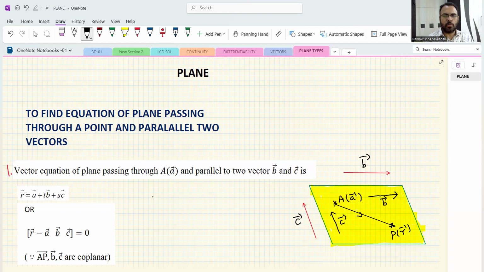So as they are coplanar vectors, we write that AP bar is equal to T into B bar vector plus S into C bar vector. Well, here AP bar is nothing but R bar minus A bar, equal to T B bar plus S C bar.